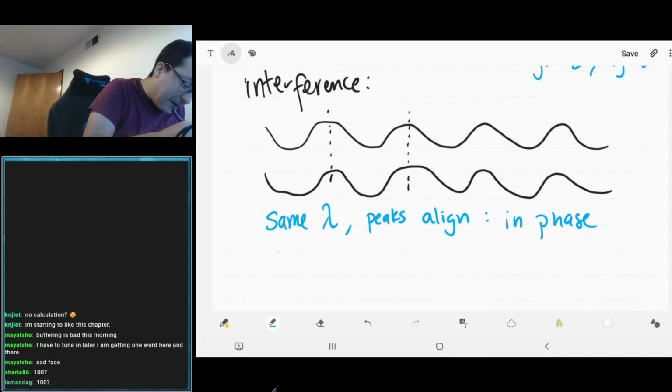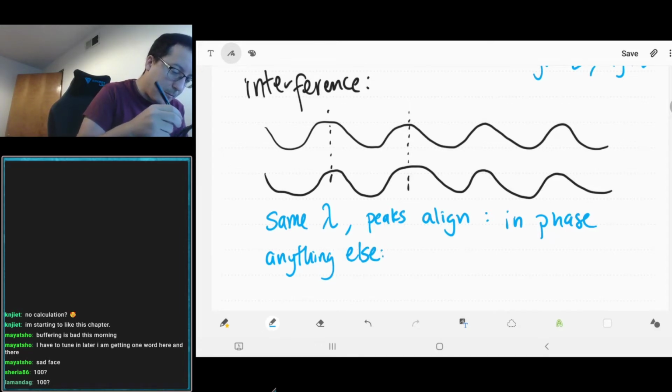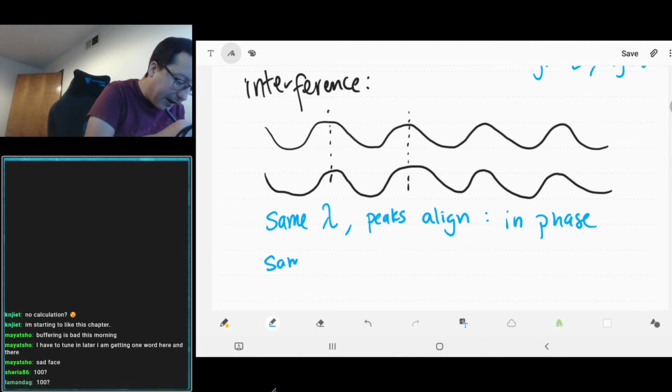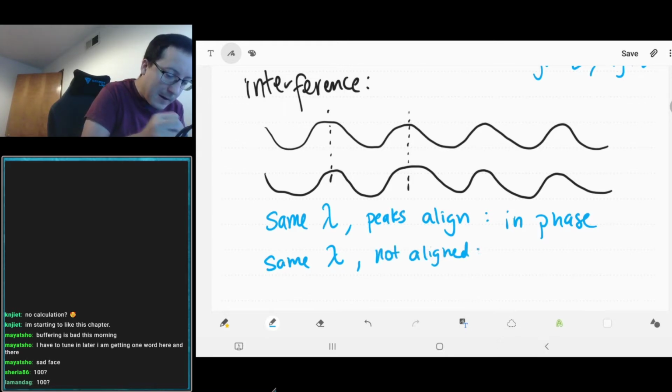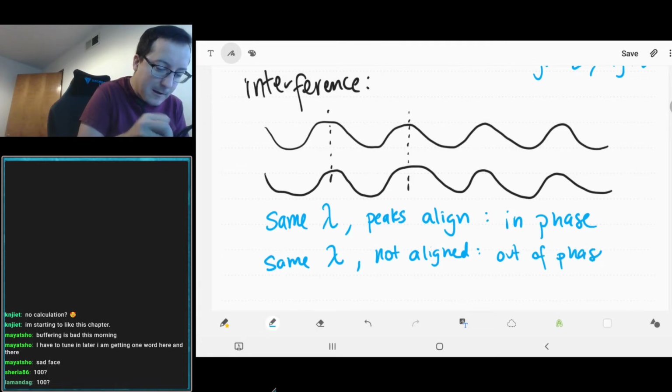Let me rephrase that. If they have the same wavelengths but not aligned, that's going to be out of phase.